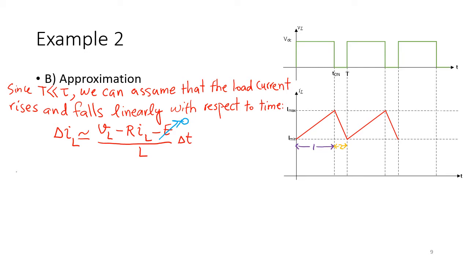So for interval 1, delta IL is equal to Imax, the final value, minus the initial value, Imin. Delta T is equal to T on.